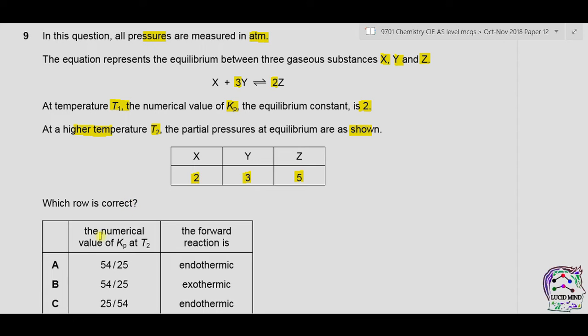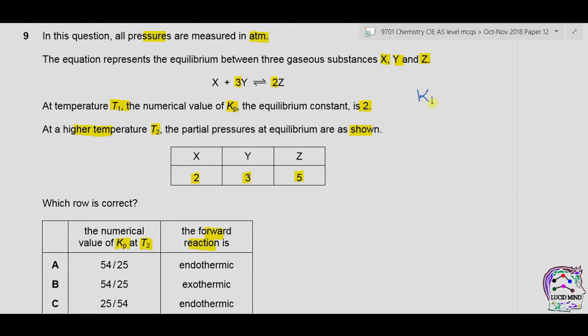Which row is correct? First, you have to find out the numerical value of Kp at temperature T2. And second, you have to find out whether the reaction is exo or endo. Now we can find the value of Kp at equilibrium for temperature T2.